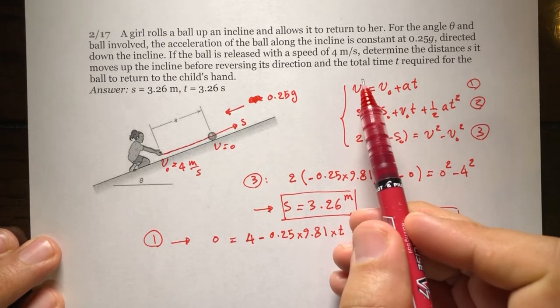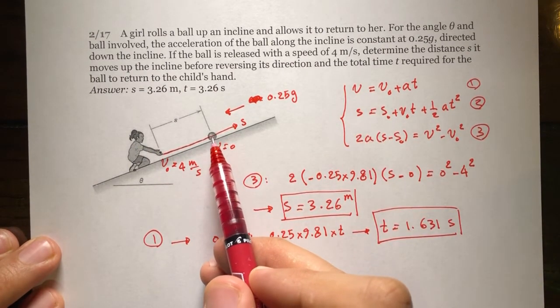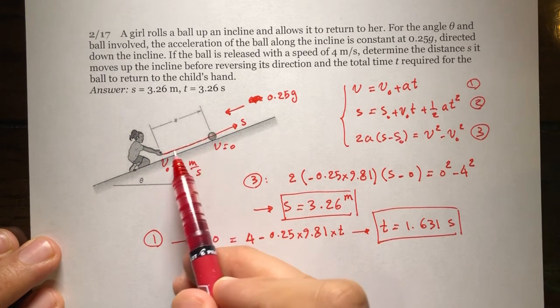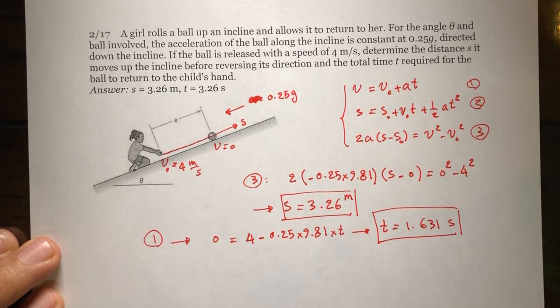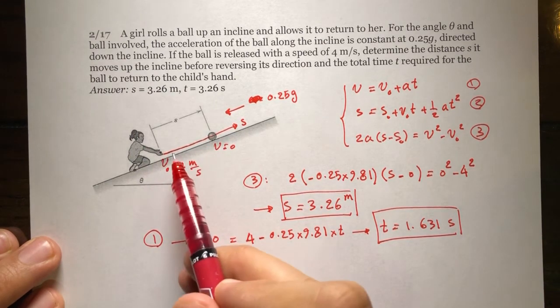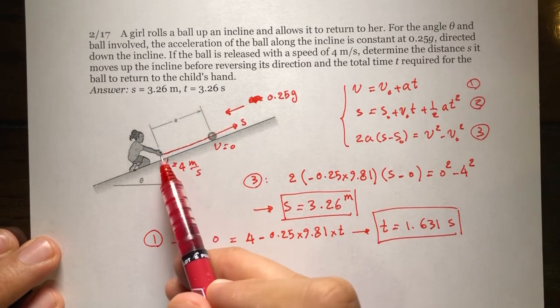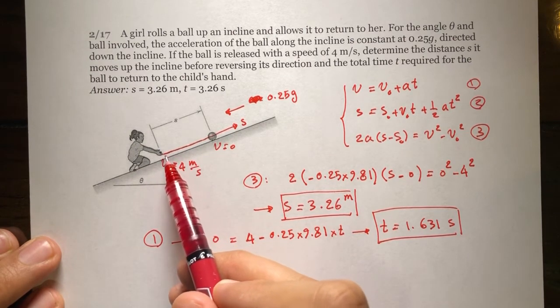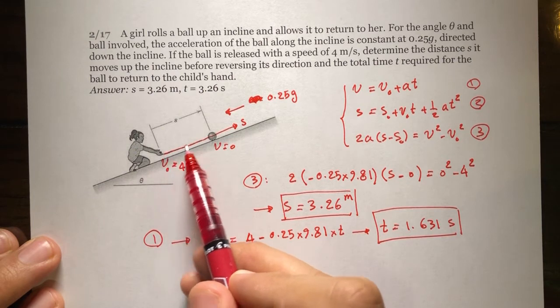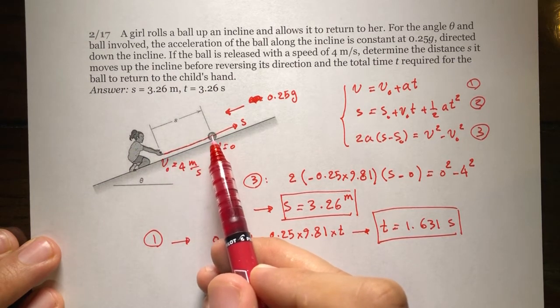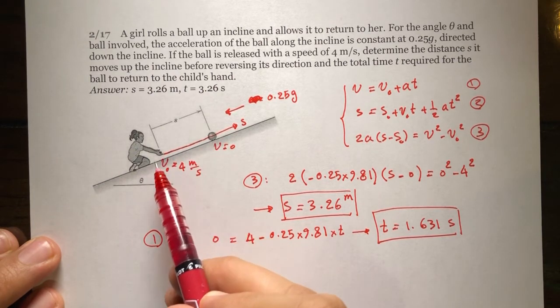And the last part of the question is how long it's going to take for the ball to go up, stop, and come down and get to the hand of this girl. So of course, when it goes up and when it comes down, we have a symmetry here, right? The time it takes for the ball to go up is going to be equal to the time when it comes down.